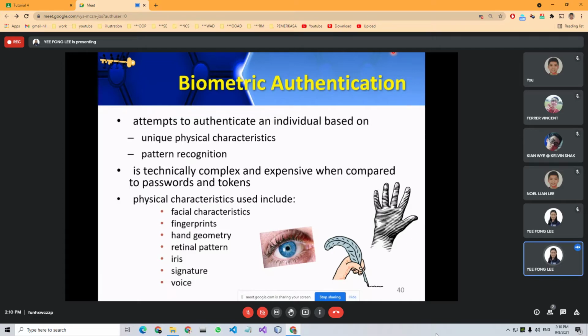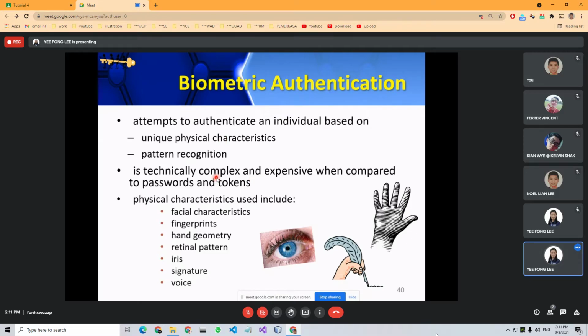This includes static characteristics such as, let's say, your fingerprints, hand geometry, facial characteristics, and retinal or iris patterns. Dynamic characteristics include voice pattern, handwriting, and signature. This might compare to the password and token. Biometric authentication is both technically complex and also expensive.